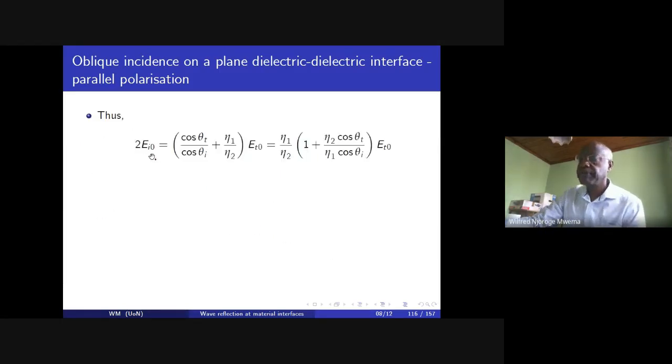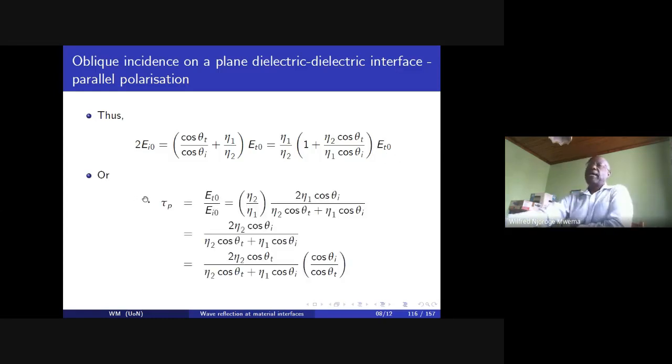And therefore, if we add the two equations, we get the following expression: the cosine of theta t divided by the cosine of theta I plus eta1 over eta2, multiplied by Et0, must be given by that value. Or in other words, we can always take the impedances out of the bracket, and we get eta1 over eta2, 1 plus eta2 cos theta t over eta1 cos theta I, equal to Et0.